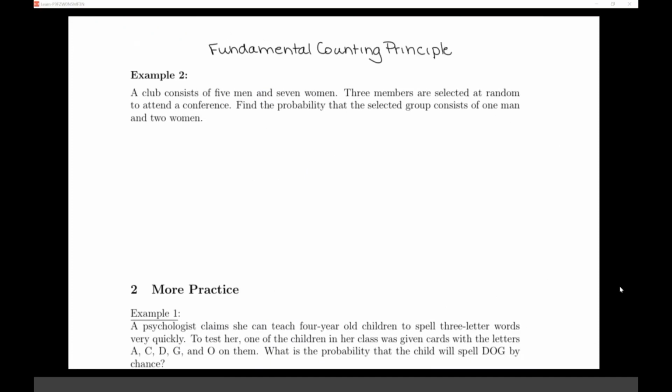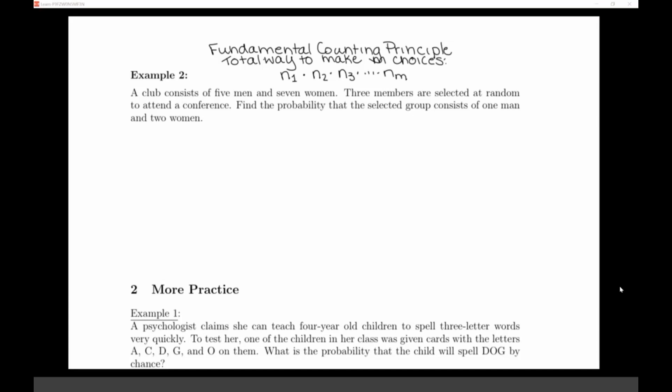Really what that says is, if you have more than one choice, and each choice has n outcomes, the total number of ways to make m choices is to multiply together the outcomes. So here's n1 times n2 times n3 dot dot dot n sub m. You're just going to multiply the number of outcomes from each of the m choices.